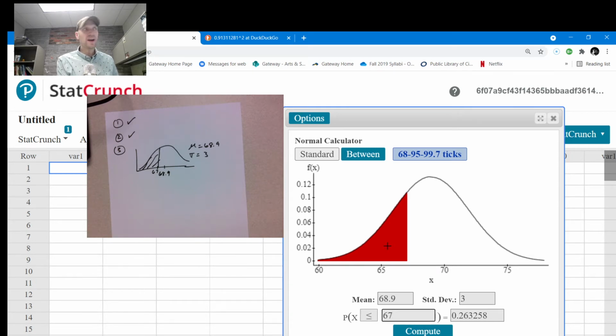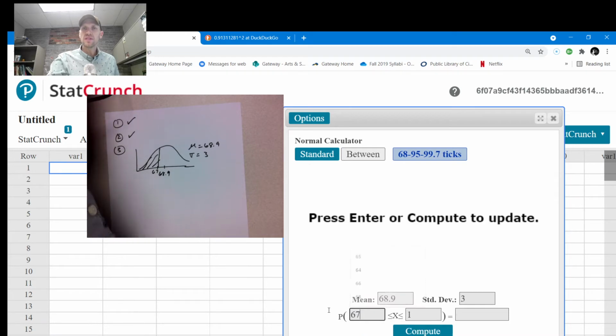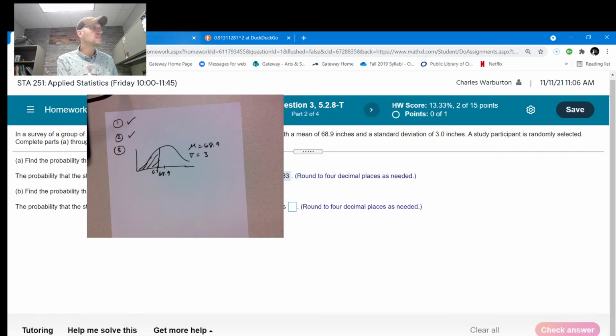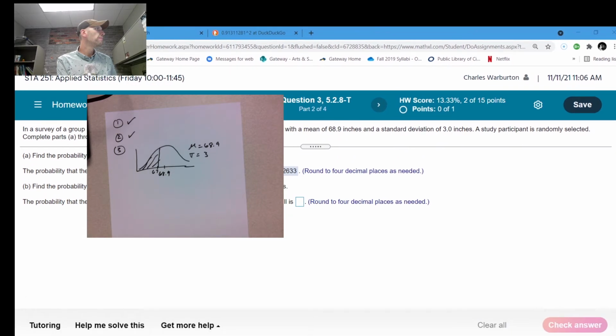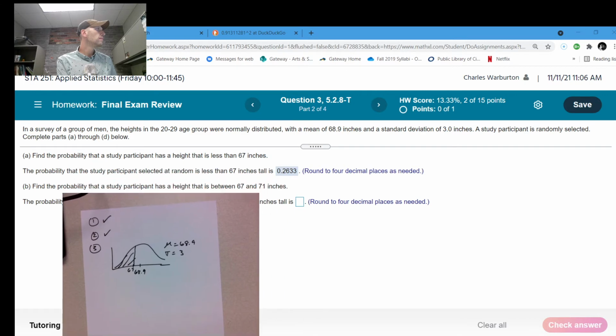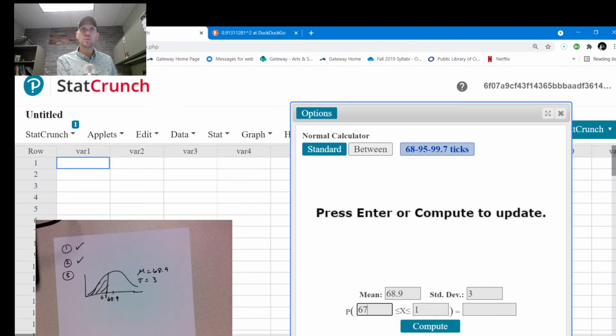The next thing they ask is, what's the probability that it's between? So I click on the between button. 67, and I thought it was 71. Let me just make sure. Between 67 and 71. So StatCrunch should help me with that.